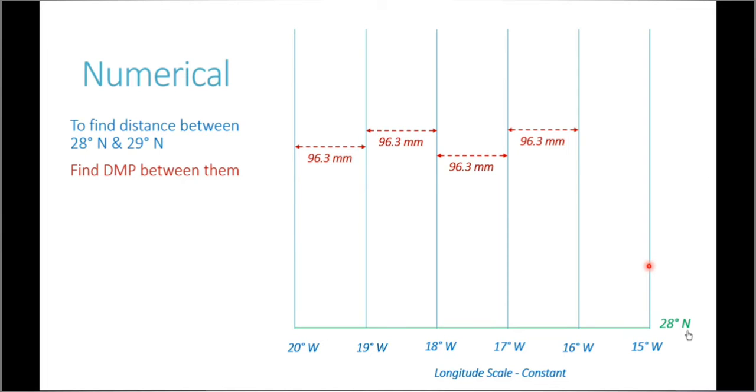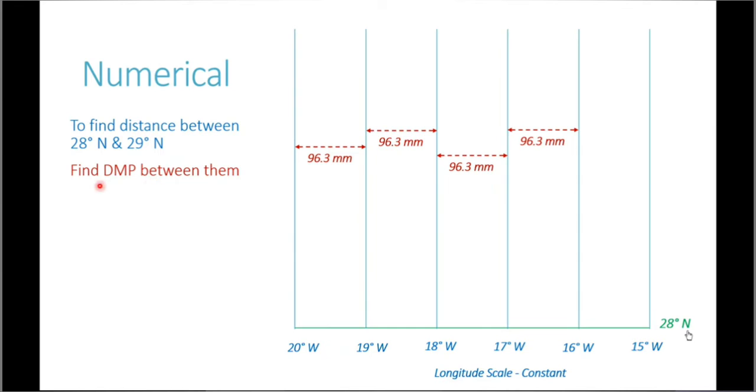And we had also seen the definition of DMP. So DMP between two parallels is basically how many times 1 minute of longitude can be placed between the two parallels of latitude. So we are going to use this concept to find out where to draw my 29-degree parallel.